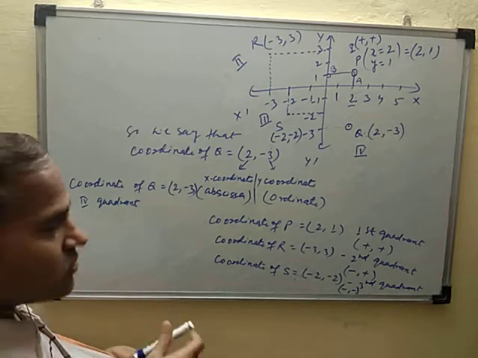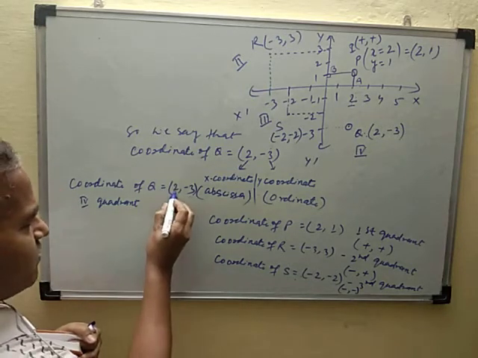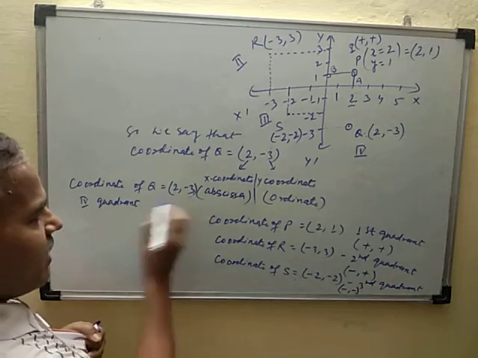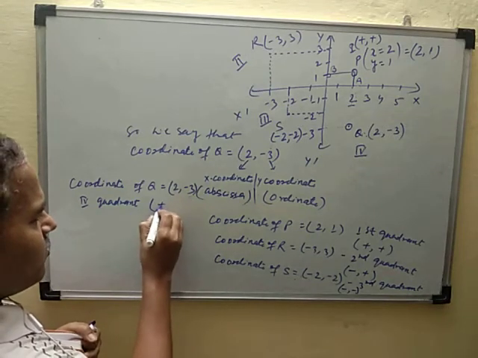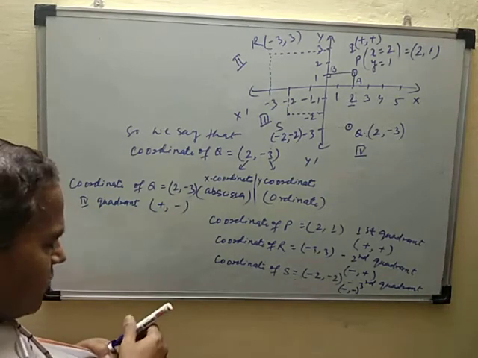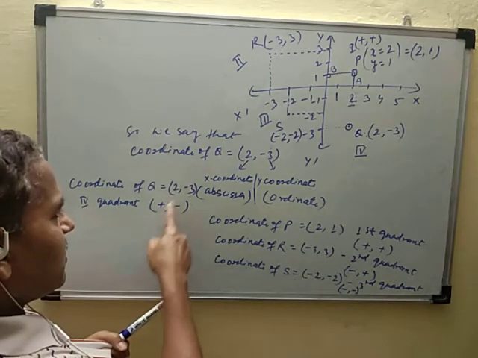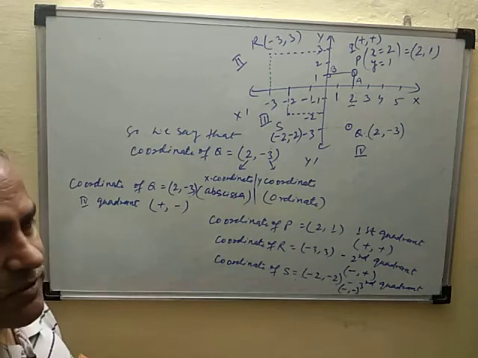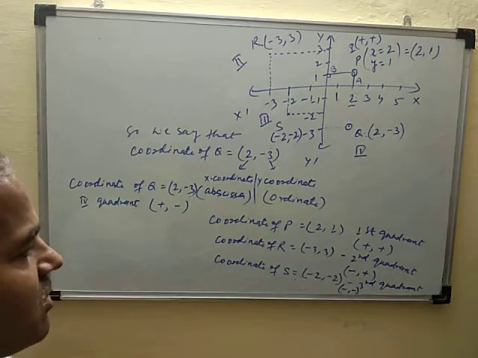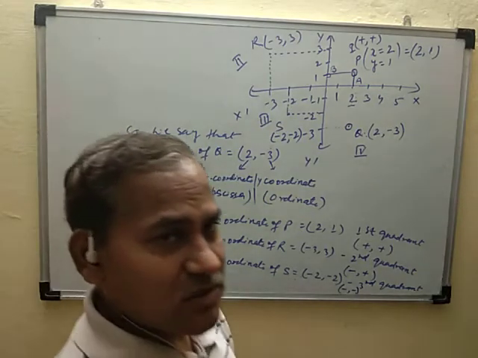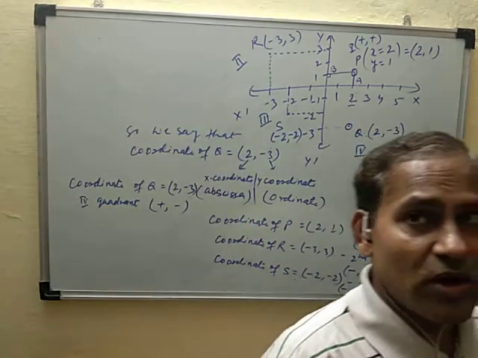And in the fourth quadrant, X is positive and Y is negative, so the sign of the coordinates is plus minus. So this is the position of a point according to quadrant.